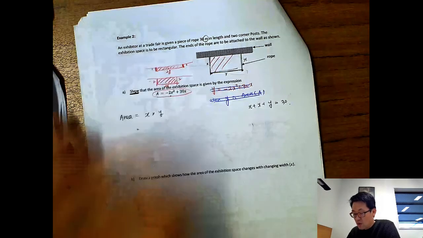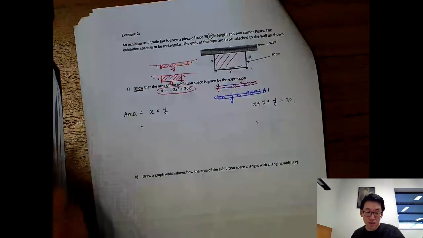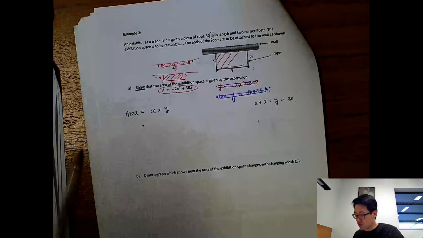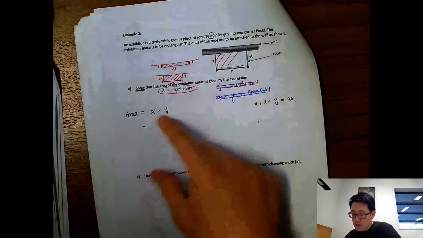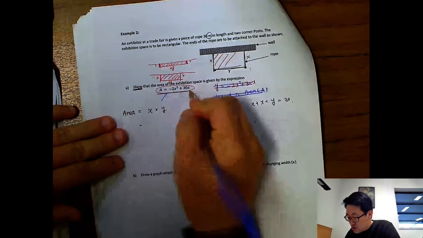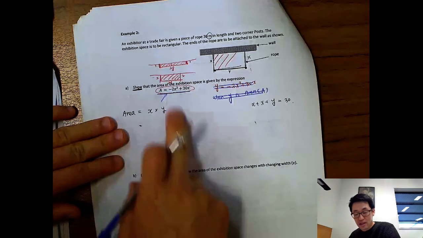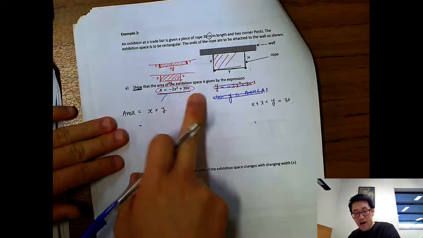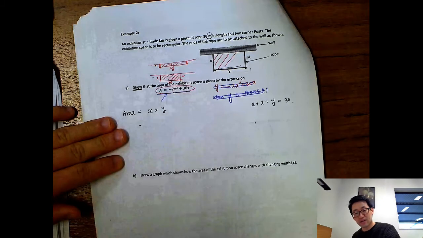You always go back to the basic things, like the formula. If there's a circle, you use the circle formula. X times y. But when we look at it, this is something we want to get at the end, isn't it? Can you see any y here? No. They only use x.